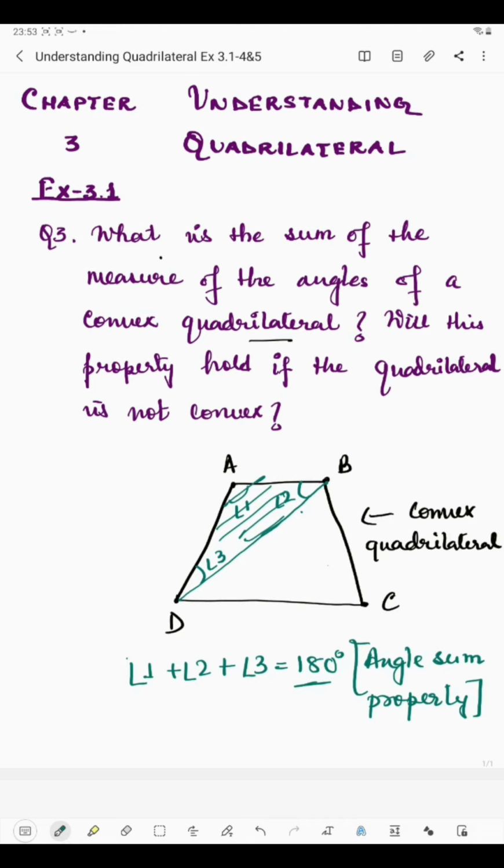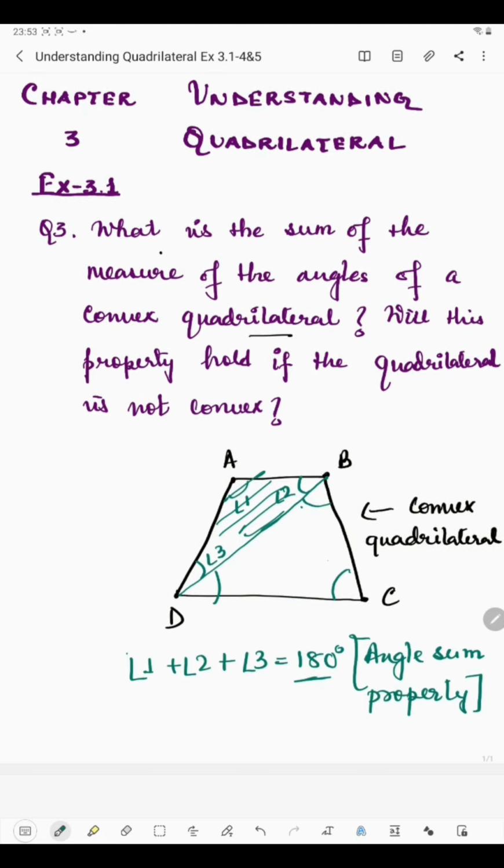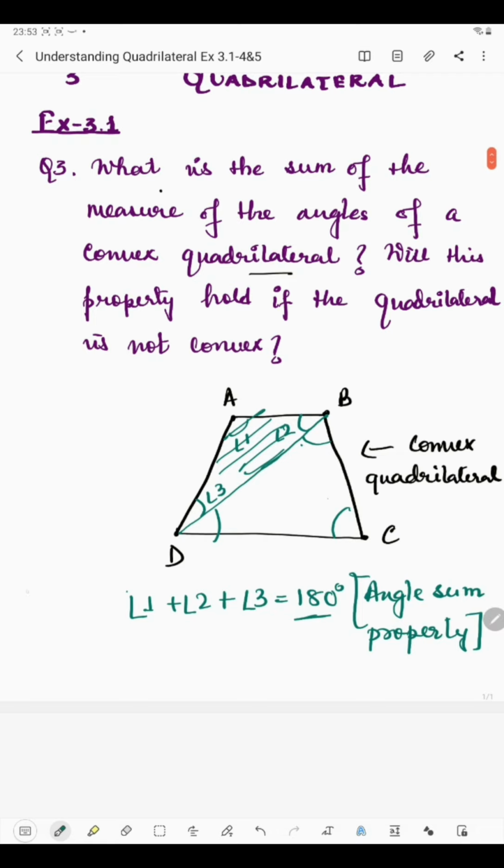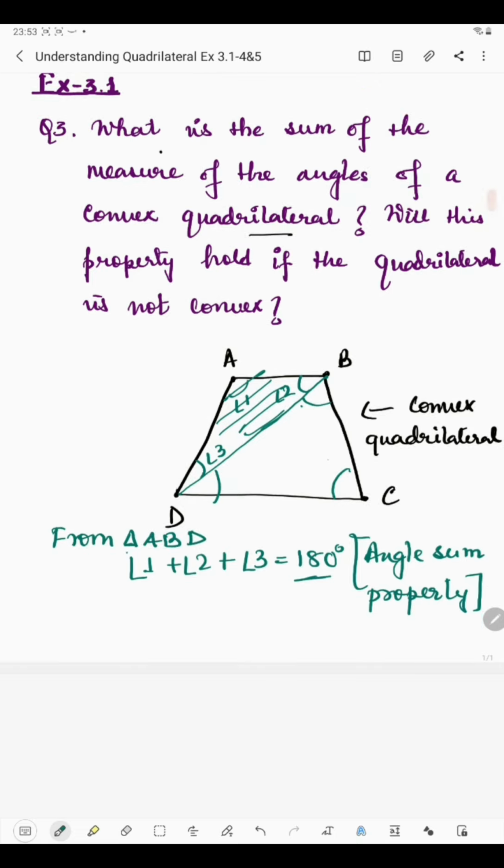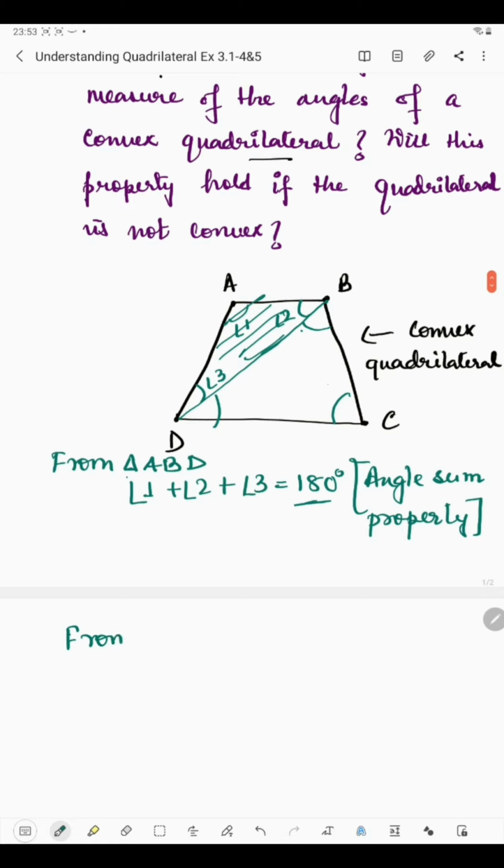Similarly, we will find the sum of the measure of the angles of triangle BCD or BDC. That is from triangle ABD. Now we will find the sum of the measure of triangle BDC. For this, let us take angle 4, 5 and 6.